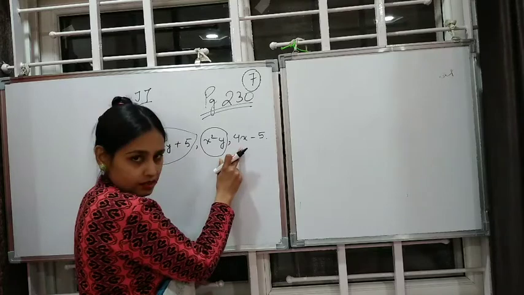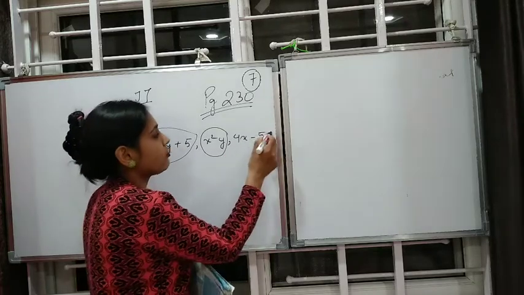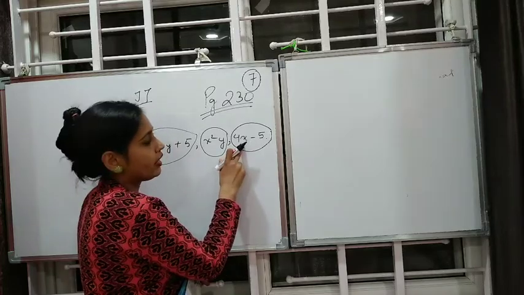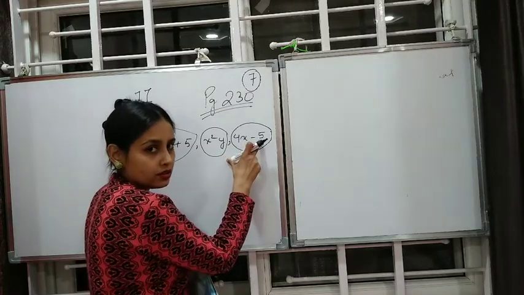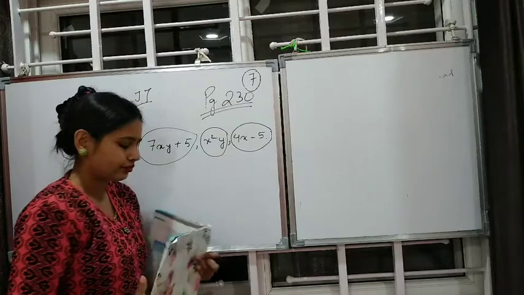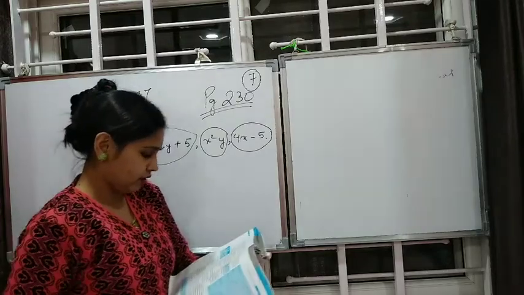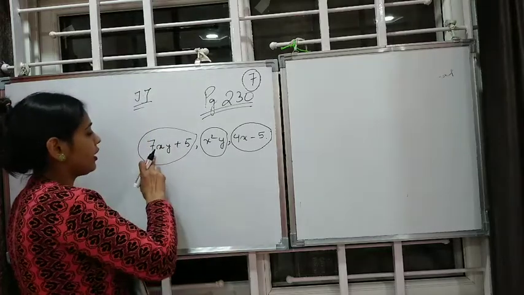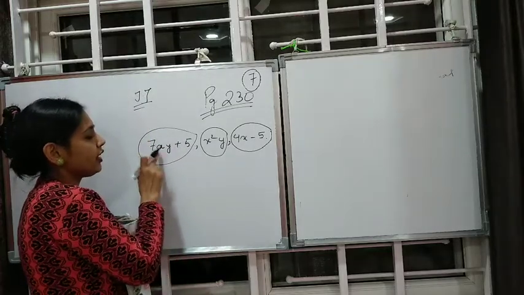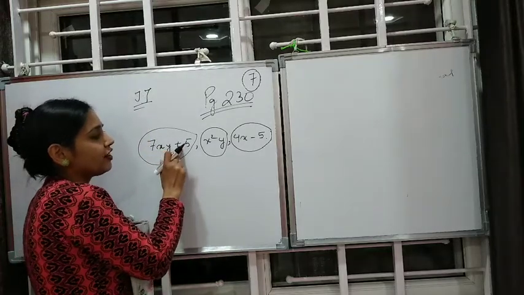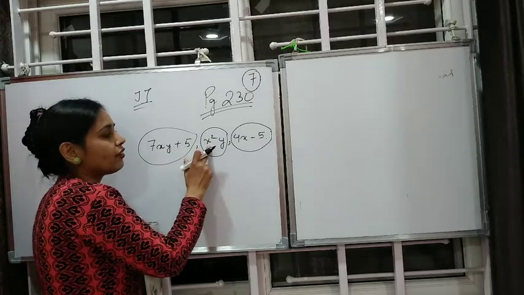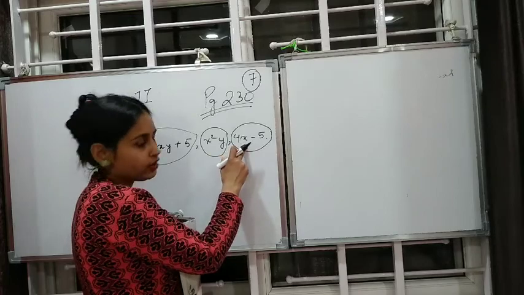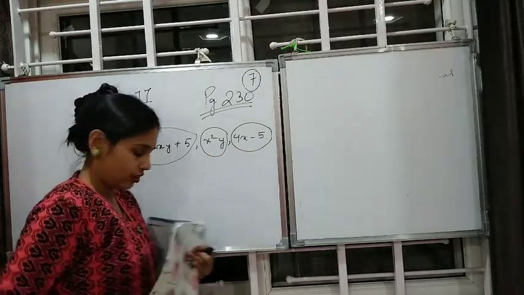Similarly, this expression is formed by the term 4x minus the term 5. You don't have to write anything about it. If you want, you can just say it like this, or even write: the product of 7xy added to 5, the product of x square and y, 5 subtracted from the product of 4x.